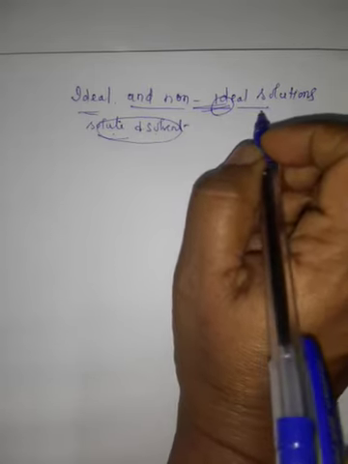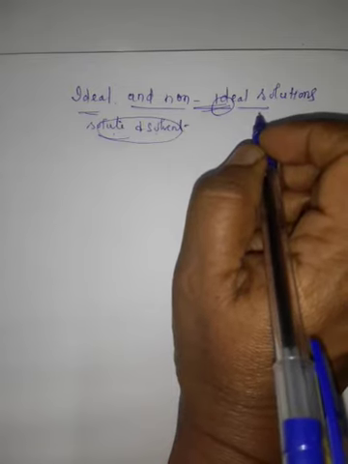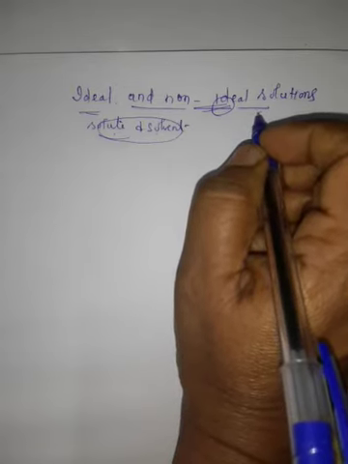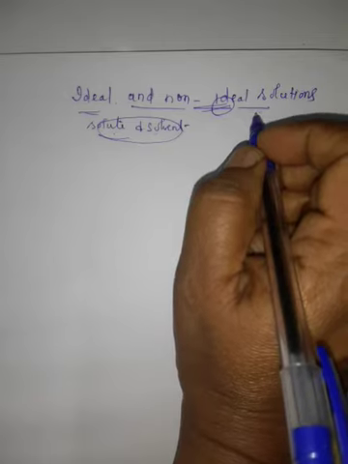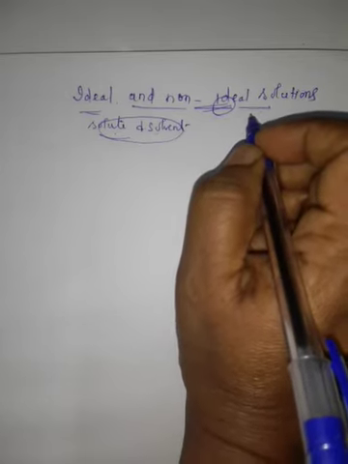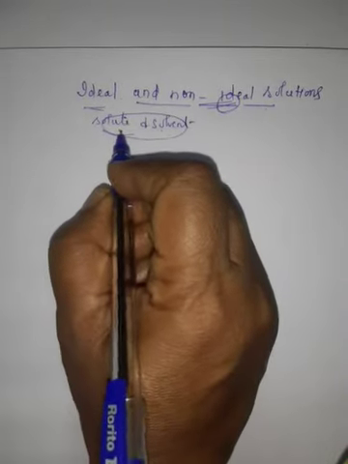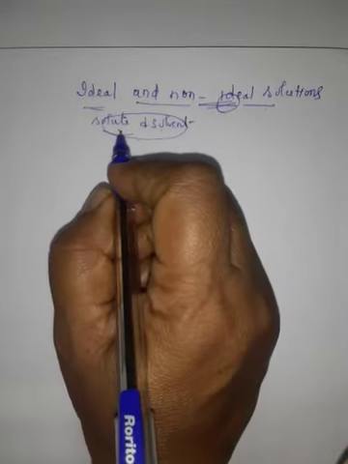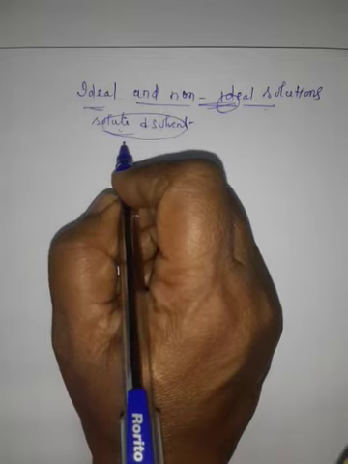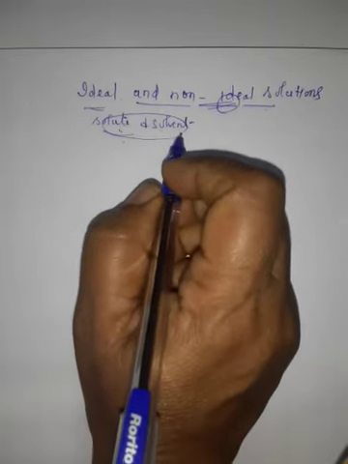Generally, there is hardly any solution which is ideal. However, when the solute concentration is very low, the dilute solution behaves ideally.